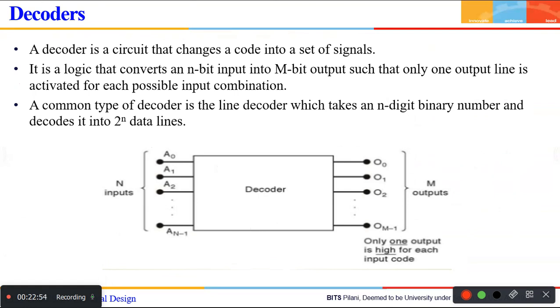Have you seen running lights? You light a series of LEDs to give a feel of running light. You can put 16 LEDs at the output of a decoder and continuously supply 0, 0, 0, 0 to 1, 1, 1, 1 as input to the 4 to 16 line decoder.